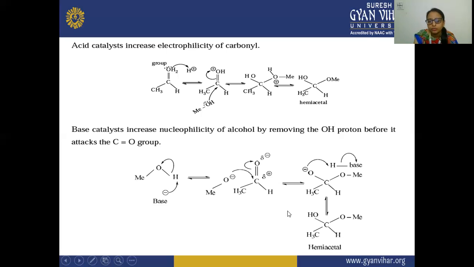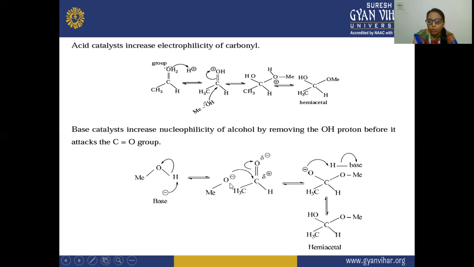In both cases the hemiacetal is formed, but the acid catalyst and the base catalyst are increasing the electrophilicity and the nucleophilicity, respectively. Here this base is increasing the nucleophilicity of this alcohol by reacting with this H, and this O is withdrawing the electron. This base, your OH negative, reacts with this H, and there is a formation of a water molecule.